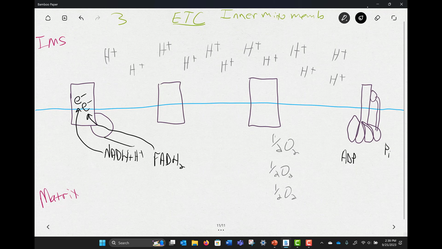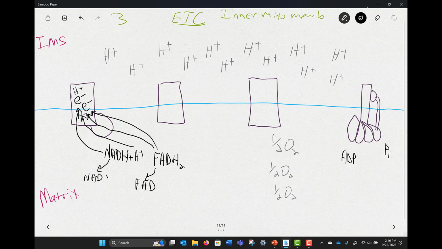So we're going to draw H plus, because they are attracted to those electrons. Now NAD plus and FAD are empty. They can go back and do their job again.